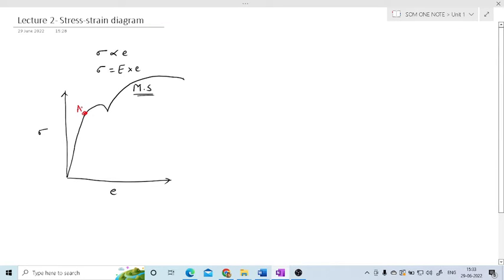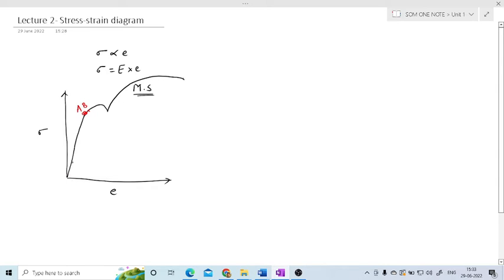I'll mark this point as A, the next point as B. Now what is meant by this A, what is meant by this B, that we are going to see. Up to this A point, you can see the graph is a straight line. Straight line means stress and strain are proportional to each other.